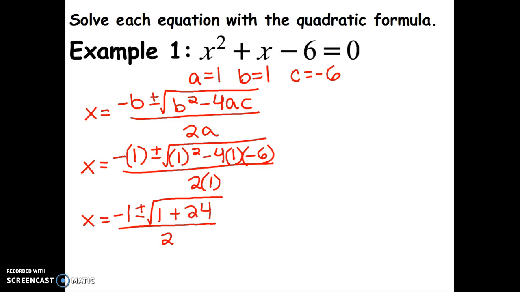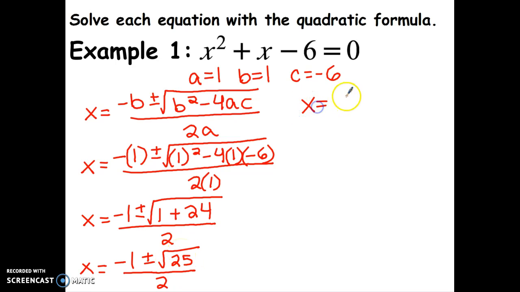I got a little carried away with my radical. Erase a little bit of that. Okay, so now we can continue to simplify by combining our like terms within our radical. So x equals -1 plus or minus the square root of 1 plus 24, which is 25, all over 2. Now I can go ahead and simplify this radical because that is a perfect square.